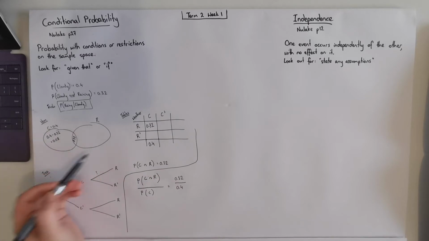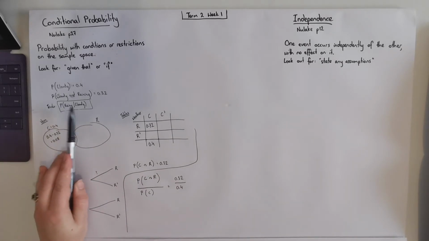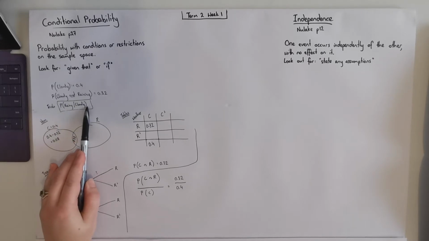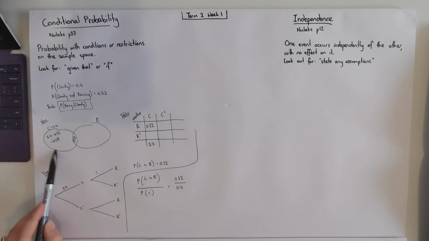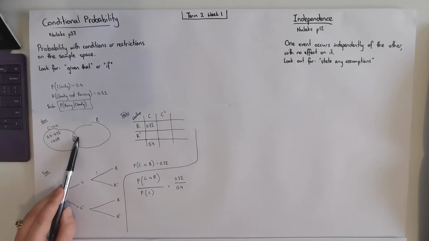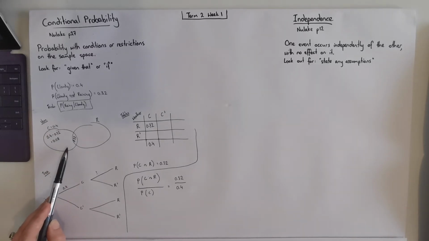If we look at our Venn diagram, we see the same thing. We want the probability of it raining given that it's cloudy. So already, because we are restricting ourselves to the cloudy total of 0.4, we are only looking within this circle of our Venn diagram.